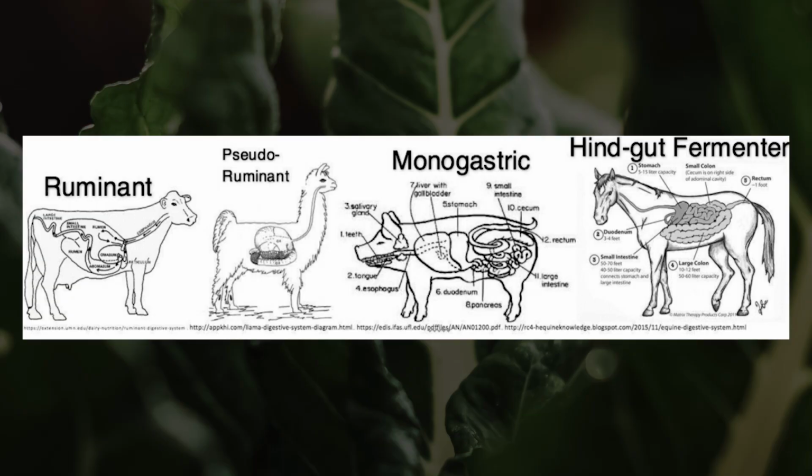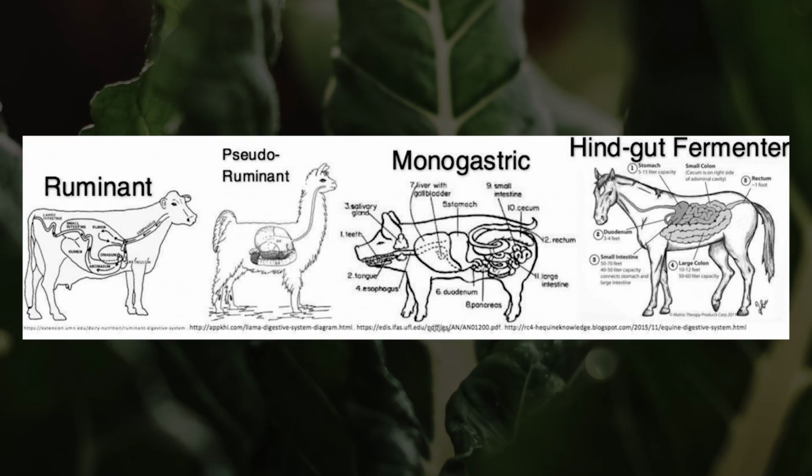I think the last important part here is to talk about what animals have more or less of these polyunsaturated fats. And you can very, very simply divide animals, at least animals that we eat, into two camps, either monogastric or ruminant animals.